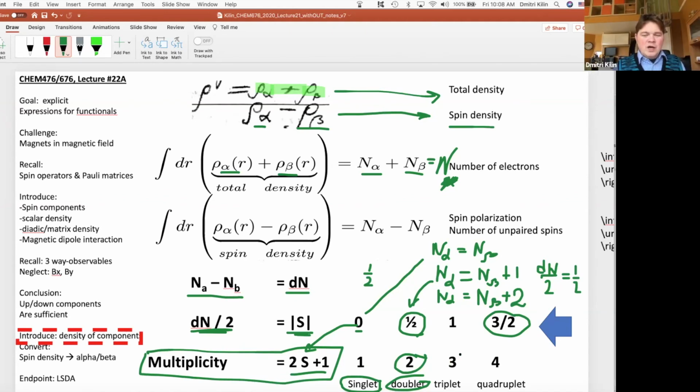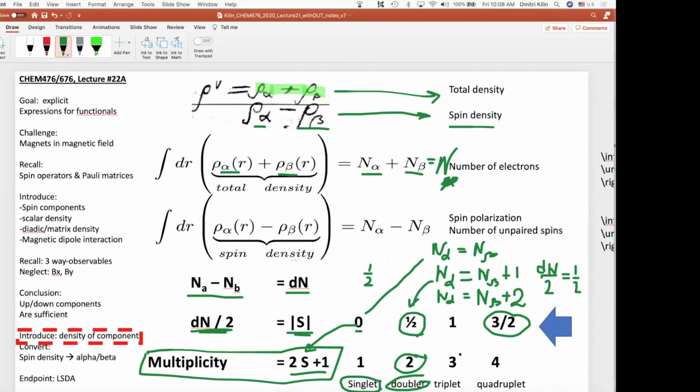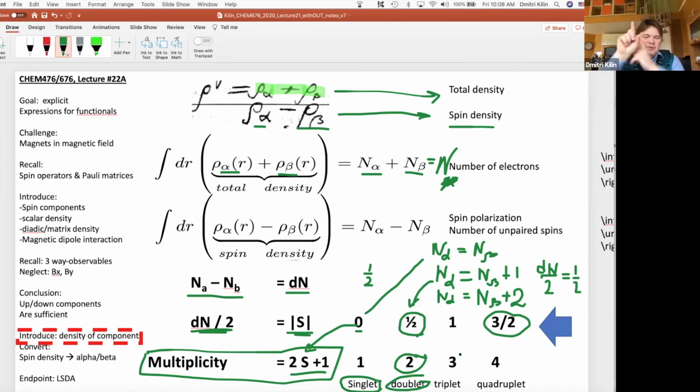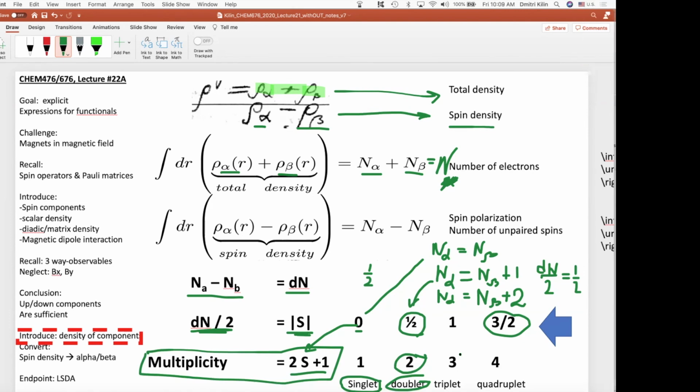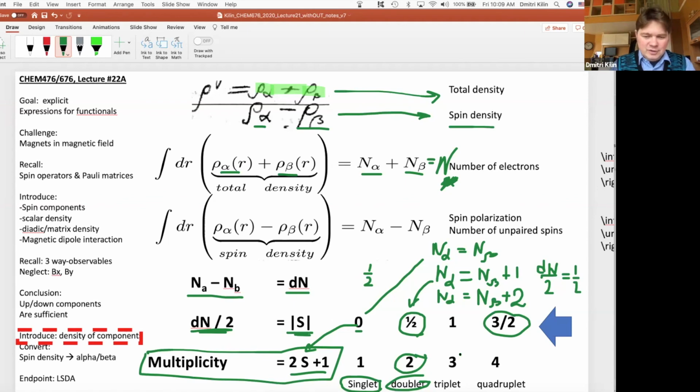Can you comment why there are 3 orientations for triplet? Because it can be up, down, or one either way with 2 electrons. Exactly. Or both up, both down, and up, down. Yes. Excellent. Triplet, there are 3 states, and they have the same energy in the absence of a magnetic field.